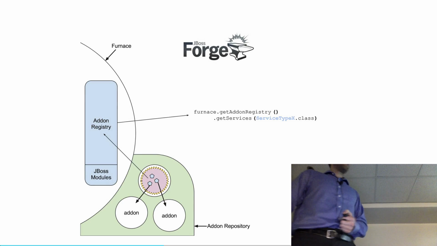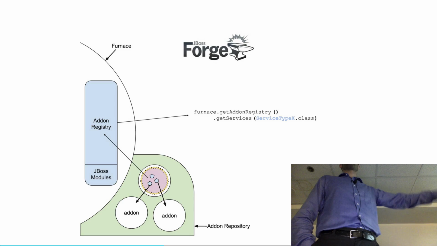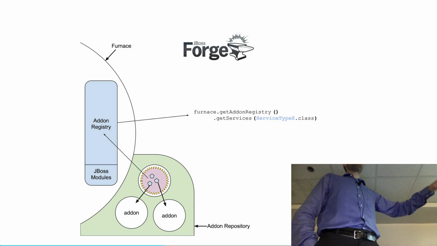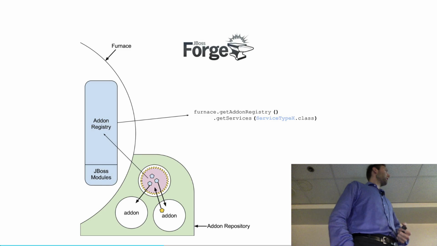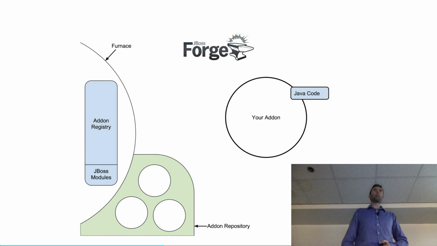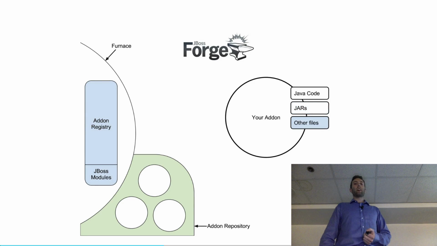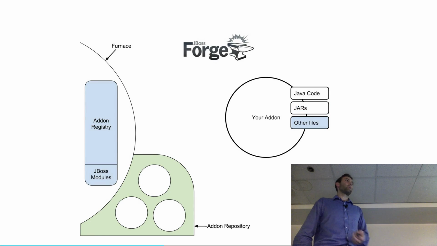So the services in the service registry can also depend and export those services to other add-ons. They can provide services or consume them. And when you write your add-on, you might include Java code, right? Code compiles down to a jar. You could include other people's jars, and you might even include other resources that will be available.